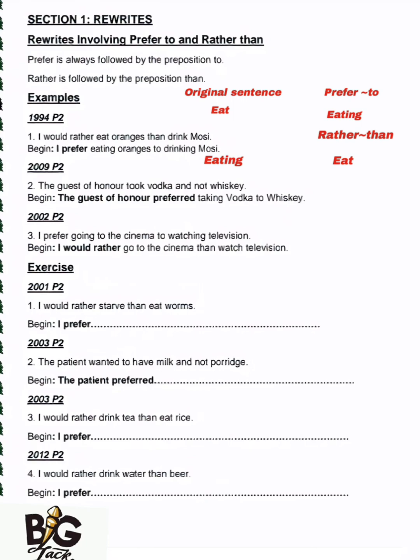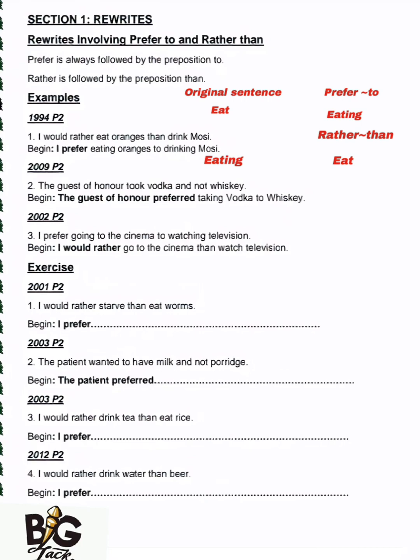Another example which came in 2009 paper 2, it was saying the guest of honor took. Now remember, took is a past tense, so you can't say tooking. It doesn't make sense. There is no such kind of English, so you need to change took to taking. So the guest of honor took vodka and not whiskey.